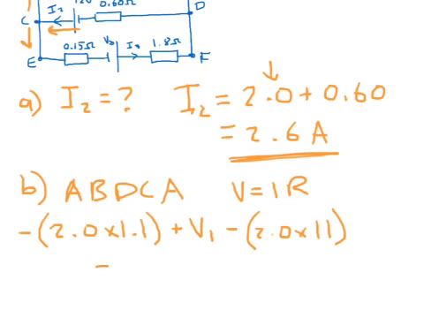But minus the current I2, which was 2.6, times the resistance 0.60, and the last one we're going from minus to plus again on the 12 volt, so we're increasing in potential, so it's going to be plus 12, and there's nothing in the C to A, so all of that should equal 0.